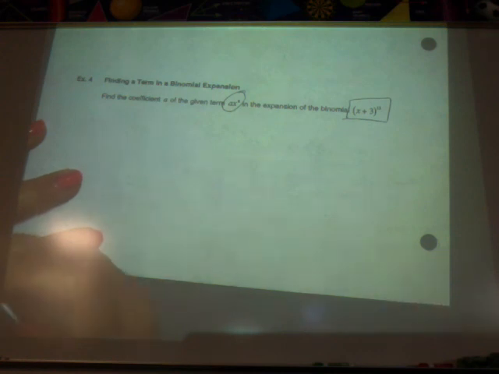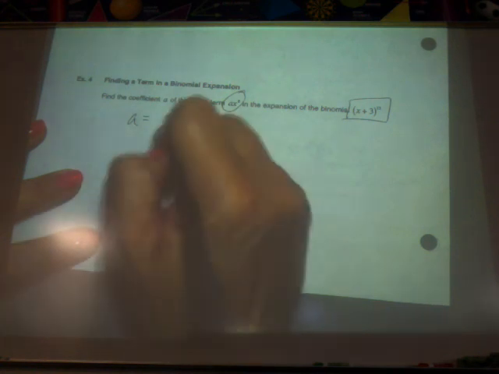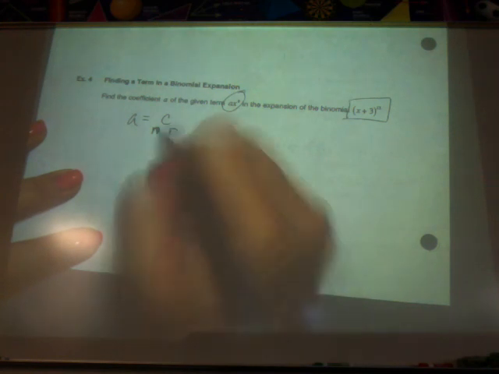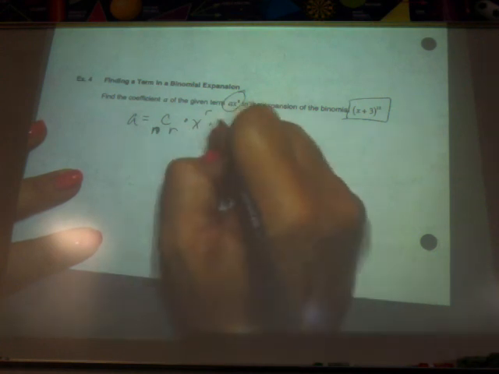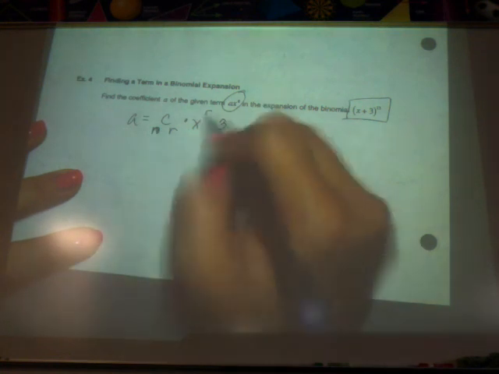So we're going to start with a is going to equal combination of n items taken r at a time, this is your n, I didn't write that very well, times x to the r, I'll tell you what n and r are in a minute, times 3 to the n minus r.